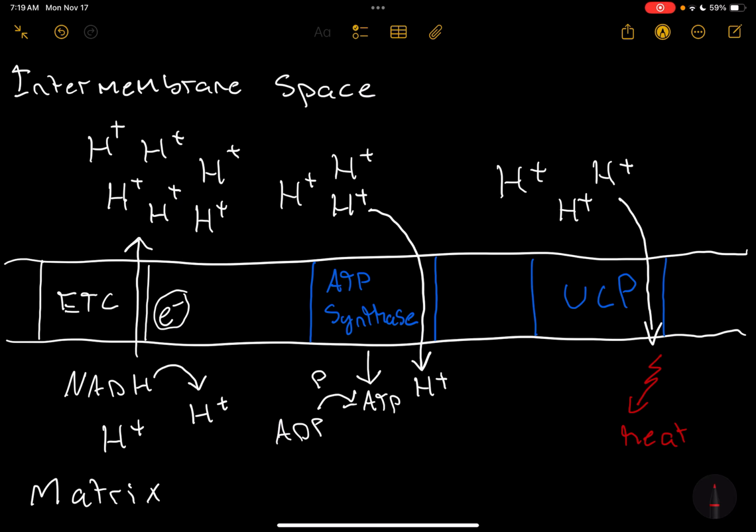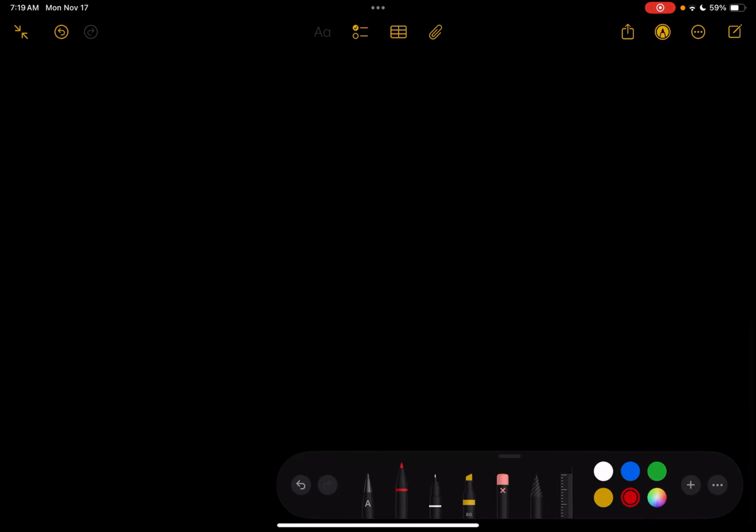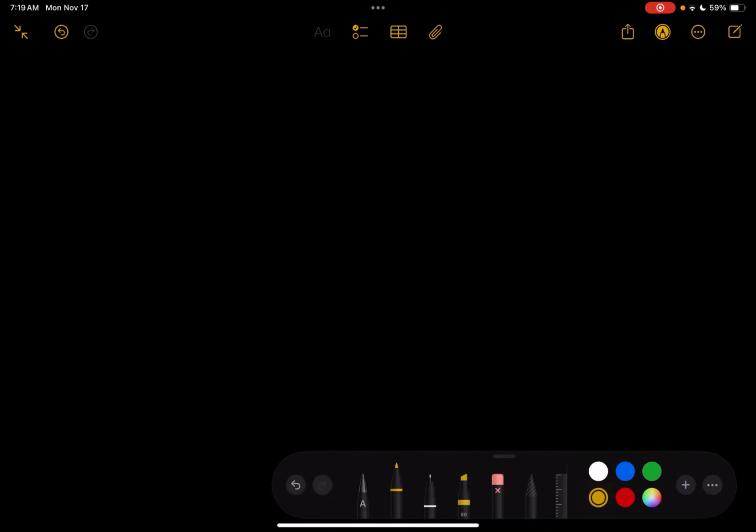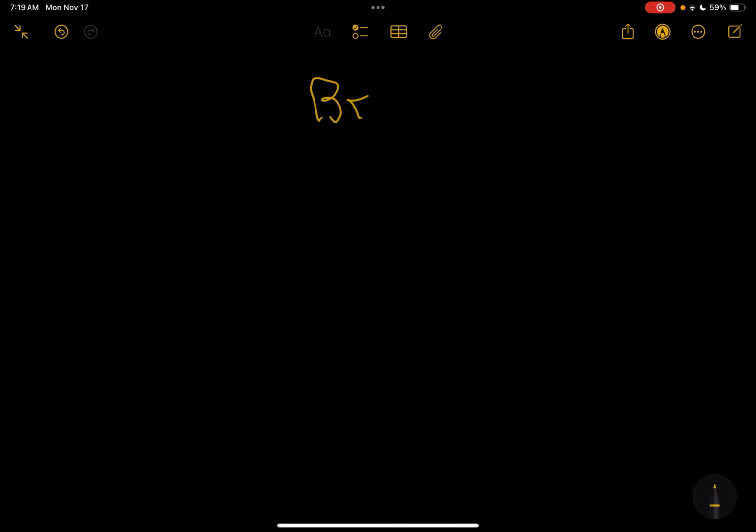Now, this uncoupling protein is only found in brown fat. So now we're going to take a little bit of a deeper dive into brown fat. One of the first things you need to know about brown fat is that it is much higher in mitochondria than white fat.